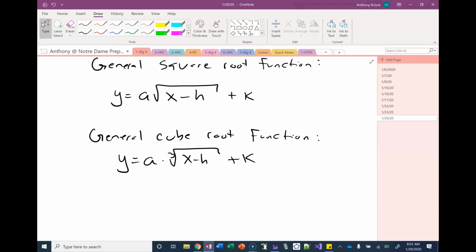Notice I've used these familiar A, H, and K coefficients in here. Do you guys remember what the A, H, and K's do in terms of transforming the parent function?